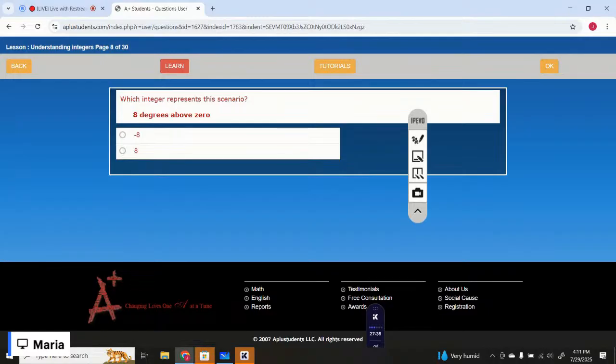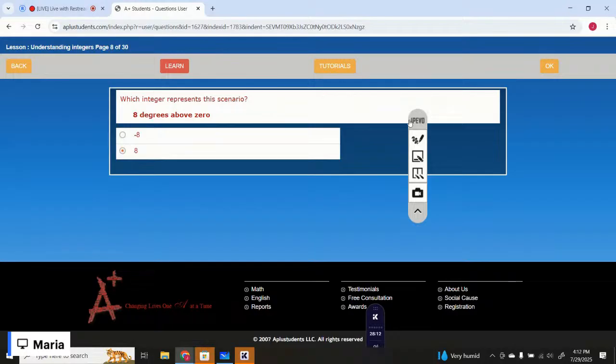Which integer represents the scenario? 8 degrees above 0. That is option number 2.